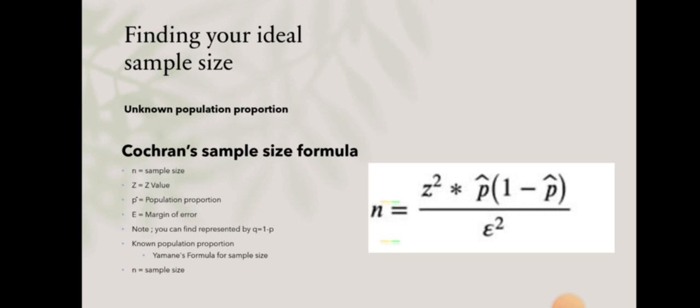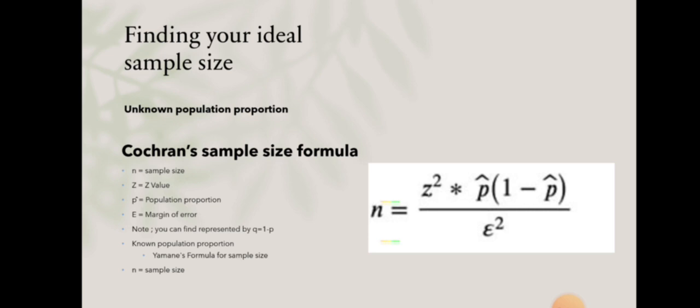As shown on the right side, n is the sample size, Z is the Z value or Z score as discussed previously, P is the population proportion, discussed previously, and E is the margin of error.